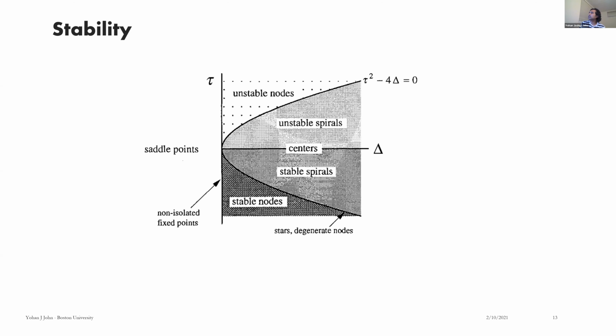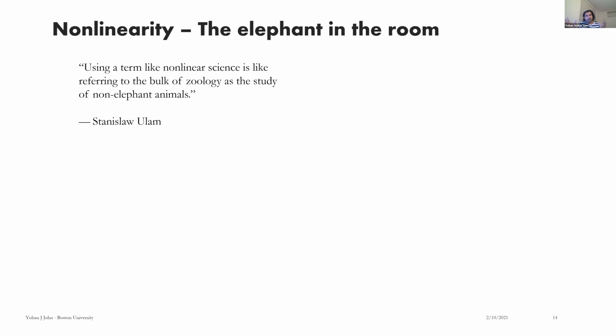Right. So the reason we are looking at linear systems, which are relatively boring and we don't really need all this infrastructure to talk about them because we can solve them exactly, is to help us when we get outside of the safe zone of linearity. So I always think of this Stanislav Ulam comment.